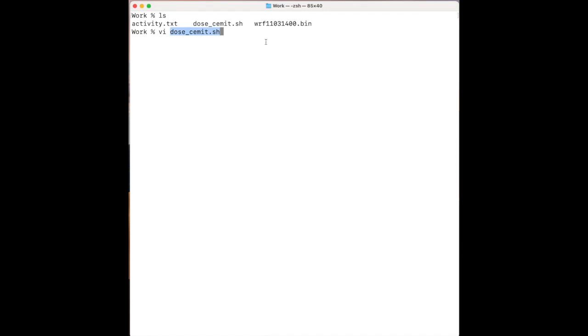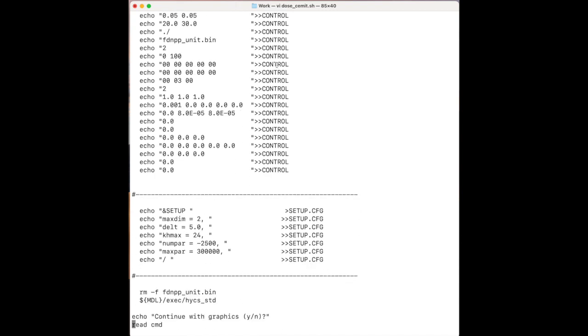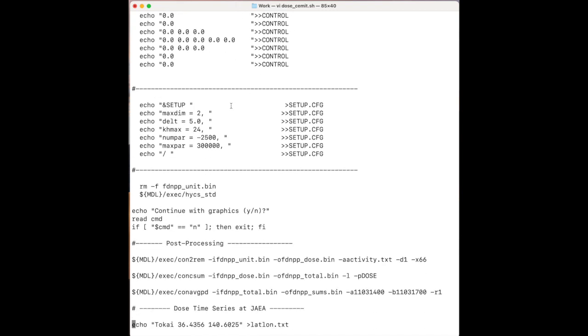Examining the script in more detail, notice that in the setup.config namelist file, we define the variable maxdim equal 2, which means that both pollutants, N-gas and rnuc, will be assigned to the same computational particle.